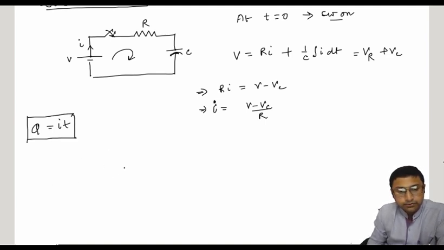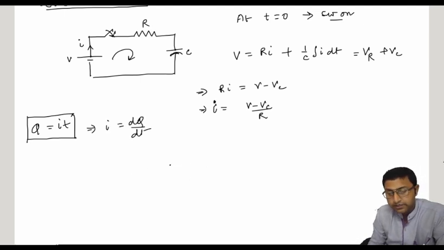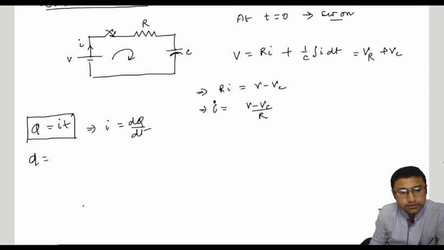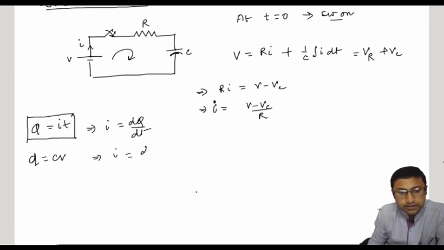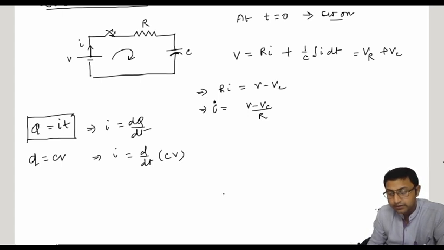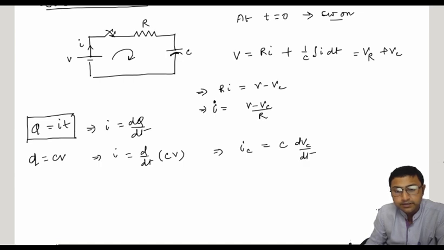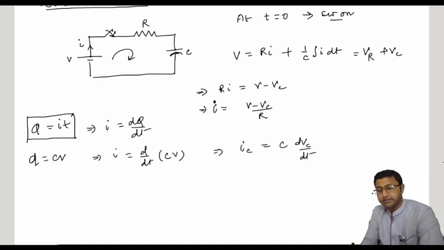And so from that we can write I equal to dq dt, and again Q equal to C into V. It is already known to us, and then I is equal to d dt of Q, that means d dt of C into V. So exactly, suppose I is written as IC, the current flowing through the capacitance, IC equal to C dVC dt. Here VC means voltage across the capacitance, nothing else.